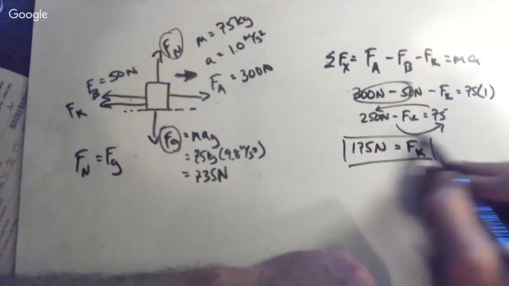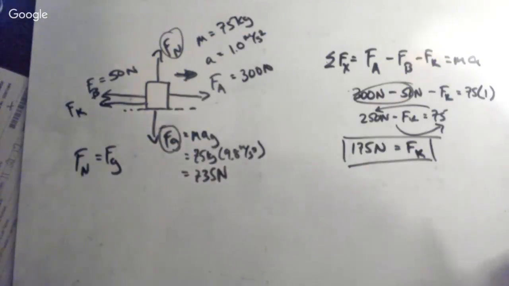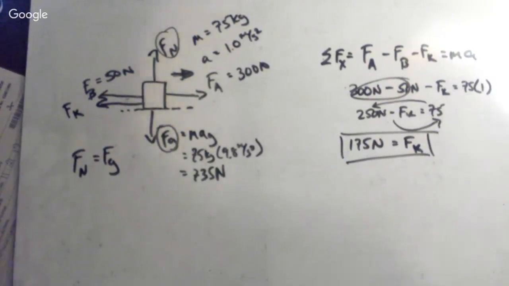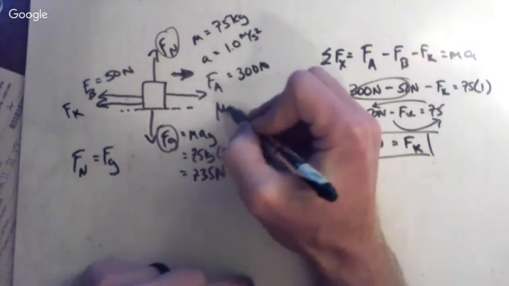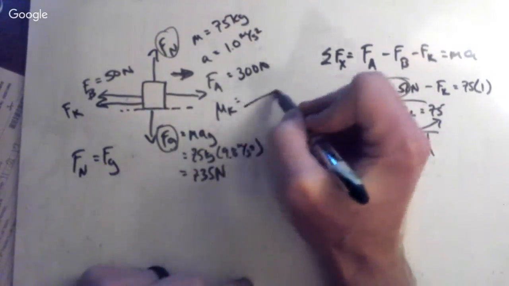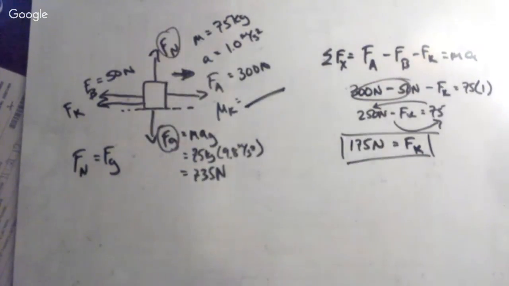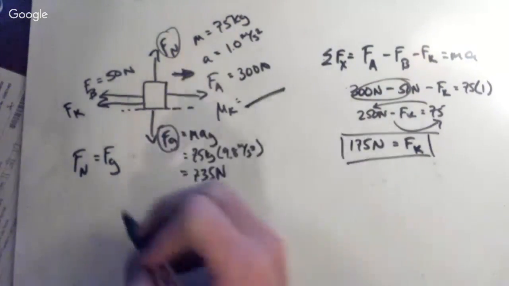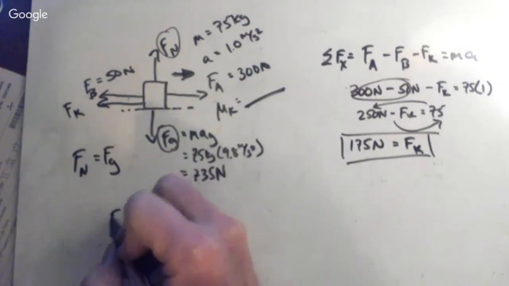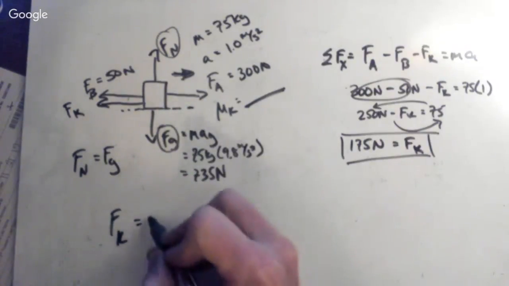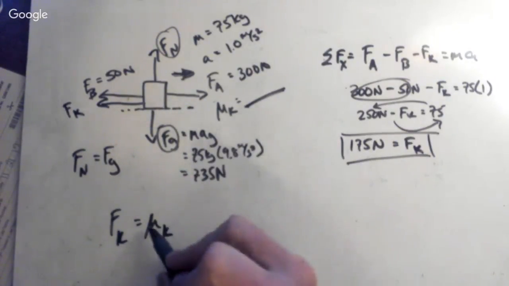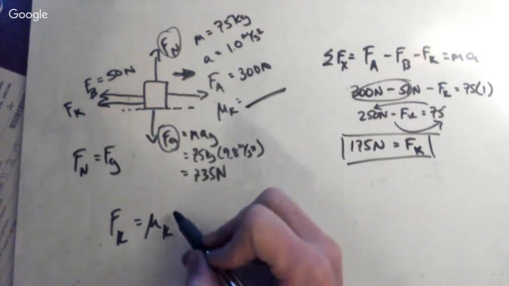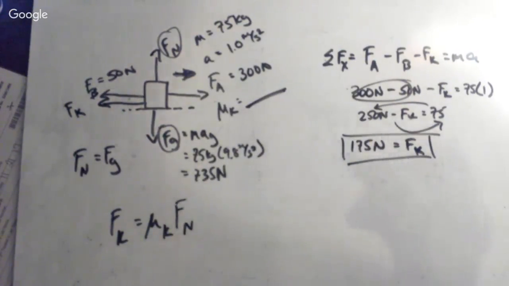If you're in L, this is where you'll stop, because we just figured out what our force of friction is. But if you're in K, we're going to work out what our mu K is. Our mu K equation is Fk is equal to mu K, that's the Greek letter mu, multiplied by our normal force.